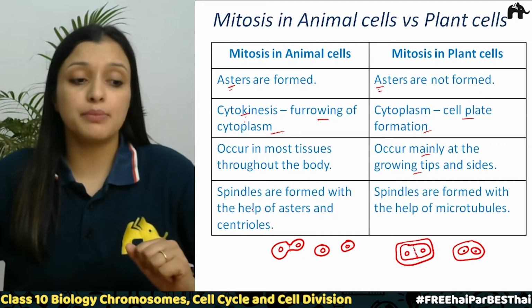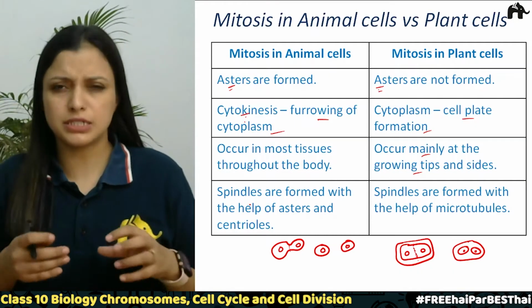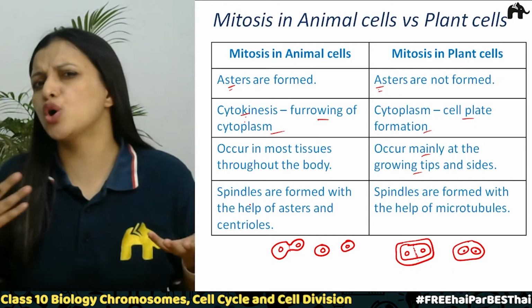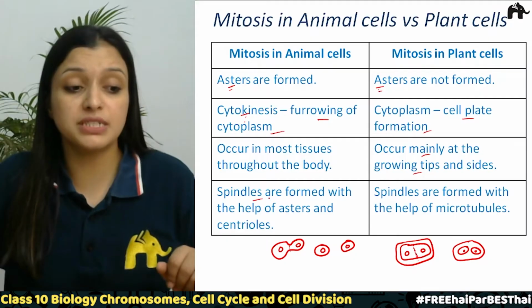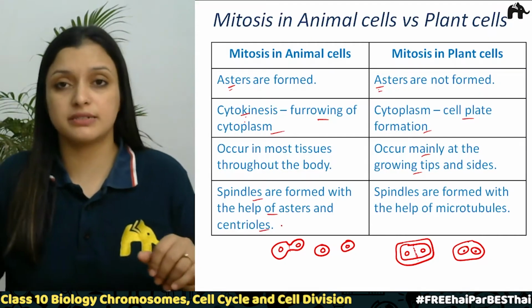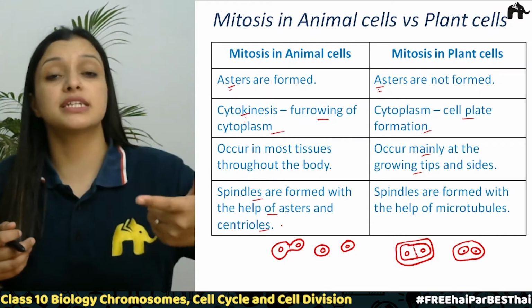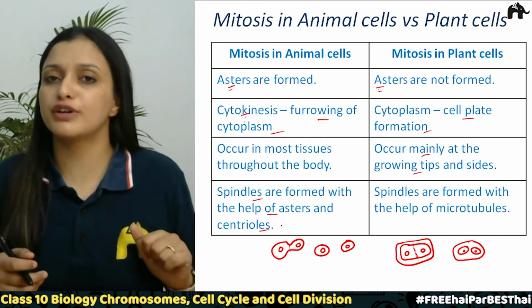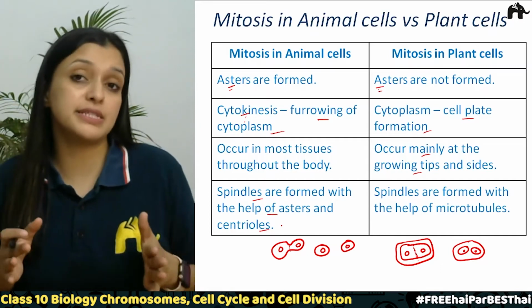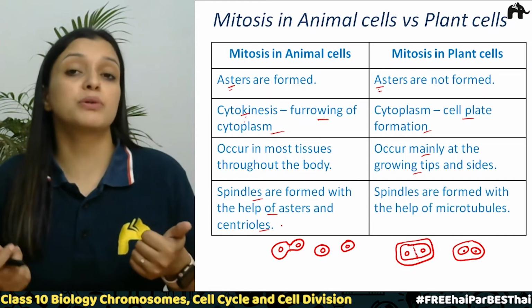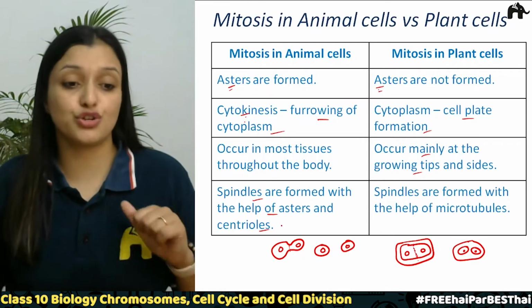Then coming on to the next, that is spindles. While going through all the phases, we saw spindles are formed with the help of asters and centrioles. In animal cells, spindles are formed with the help of asters and centrioles.